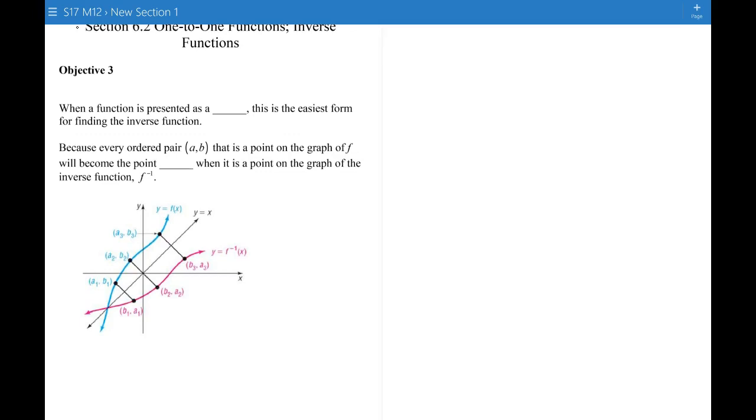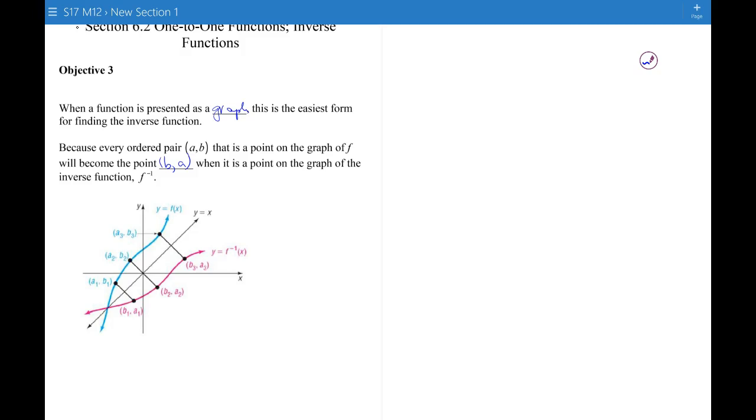Okay, the third objective is when a function is presented as a graph. This is the easiest one for finding the inverse function because every ordered pair (a, b) that's on the graph of f will become the point (b, a) when it's on the graph of the inverse function.